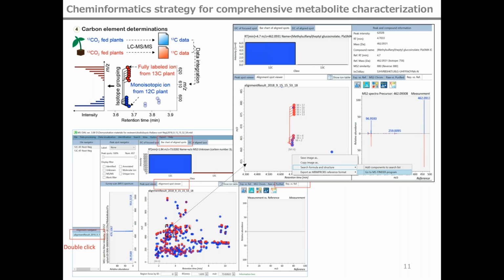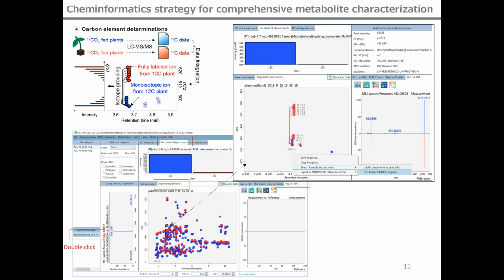The carbon element number can be determined by checking the mass shift between the 12C data and the 13C data. And please make sure that the colors in MS-DIAL are determined by the isotope weight number, and therefore the colors from the 12C sample do not always become blue.